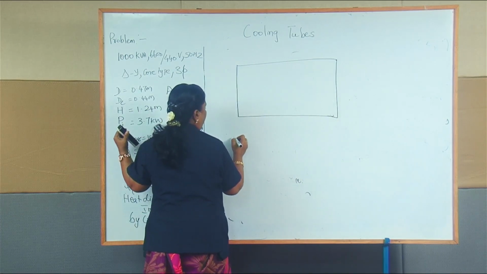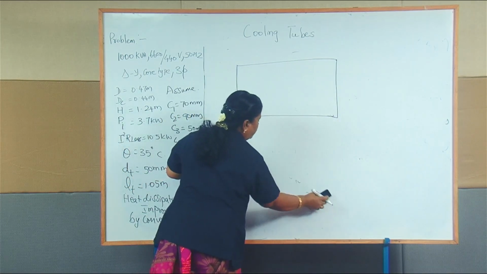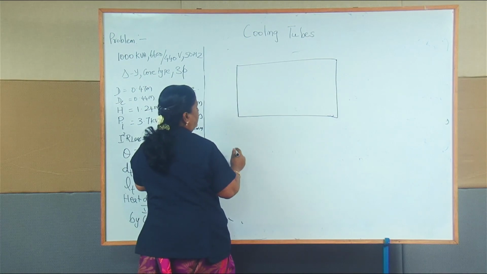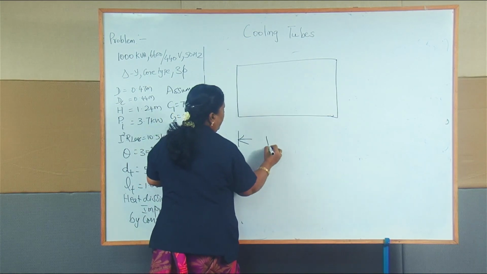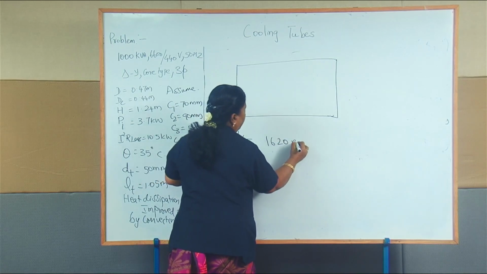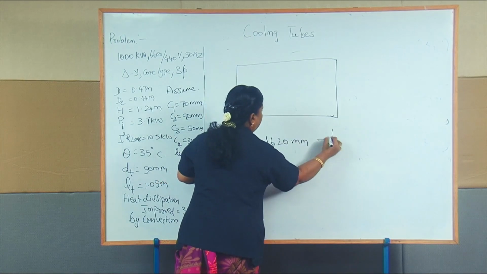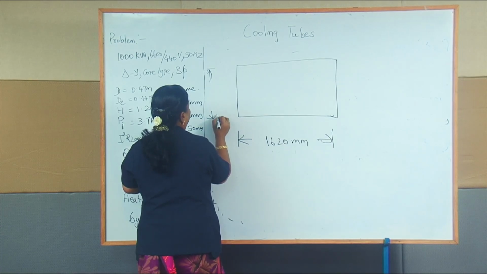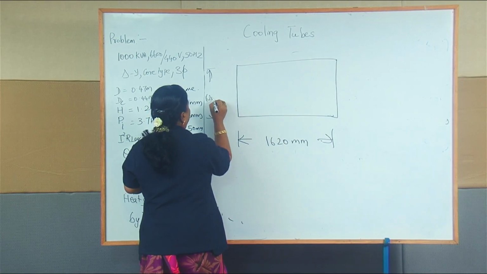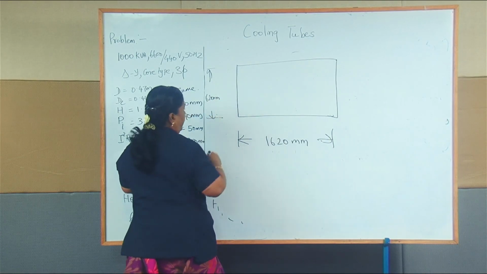What is the width of the tank? Once converted into mm, it will be 1620 mm, right. And what is the length of the tank? It is 0.62 if I am right. Convert that again into mm, it is 620 mm.